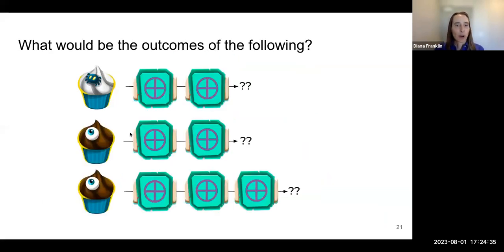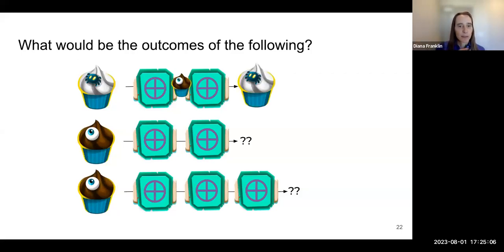Okay, so just to see if you understand the NOT or X operation, go ahead and think for a few seconds about what the output would be if I did 2 NOT gates in a row or 3 NOT gates in a row. Okay, hopefully you all have your predictions.